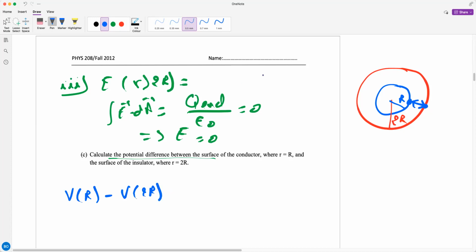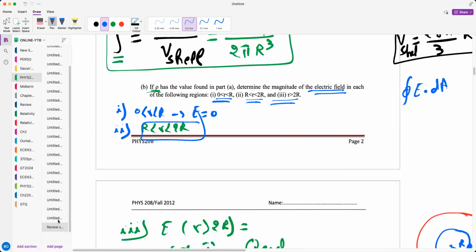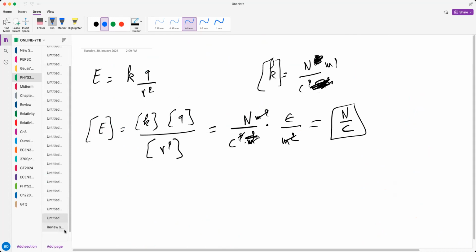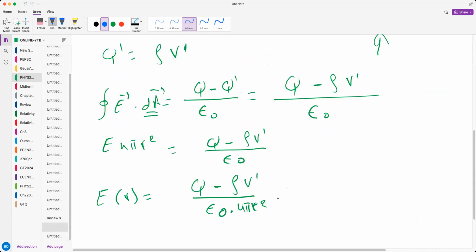Do we integrate the electric field? Exactly, very good. You integrate the electric field from R to 2R, E dr. And we have already calculated E here.